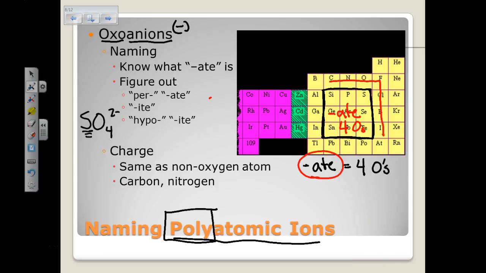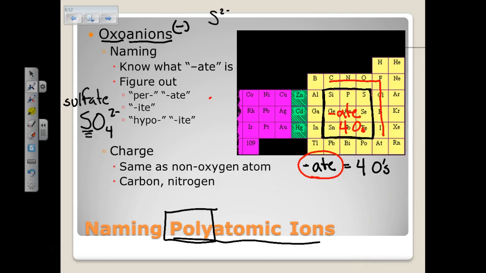So that means that this name is sulfate. It's not sulfide. Sulfide is just the anion without the oxygen. The ate ending gives it 4 oxygens here.